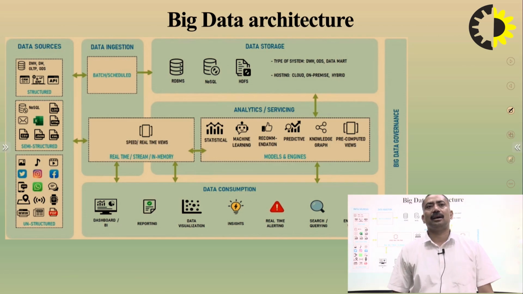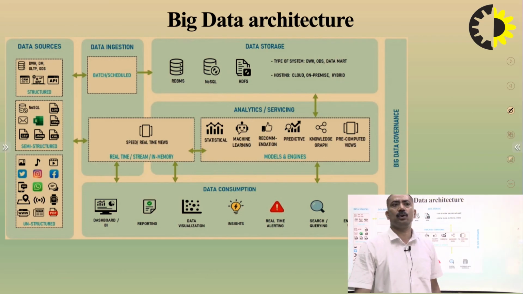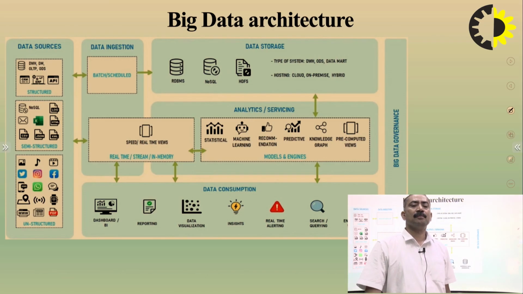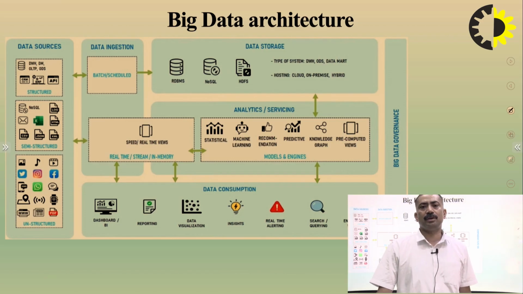In big data, data ingestion is the process of extracting data from various sources and loading it into a data repository. Data ingestion is a key component of a big data architecture because it determines how data will be ingested, transformed, and stored.